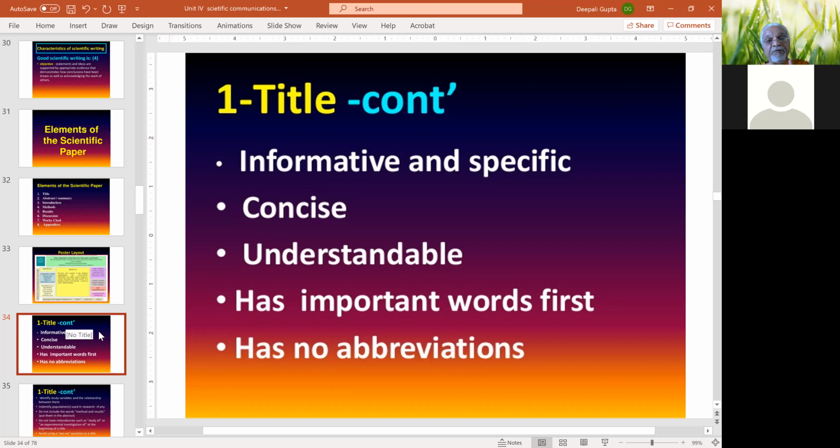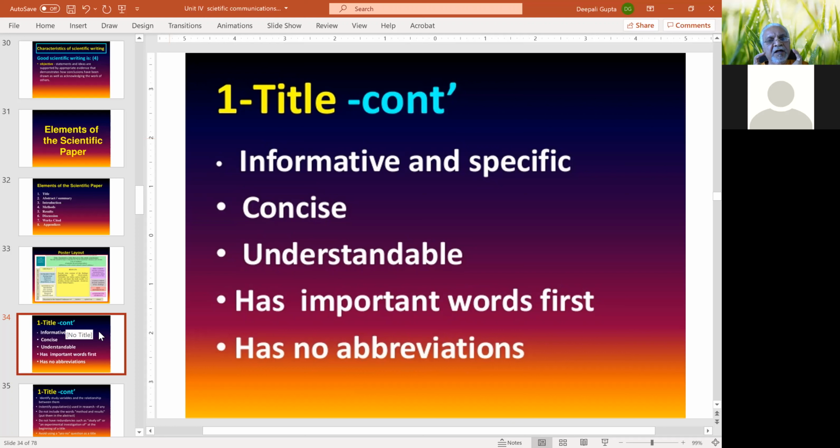First, what happens when any reader is looking? They look at the title. If the title gives the reader information about what kind of paper it is and what kind of work it includes, then they will go on to read the abstract to know further what kind of work is being described. So the title is very, very important for your research work.